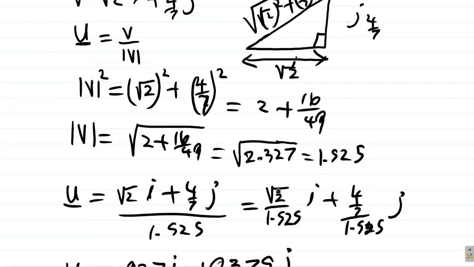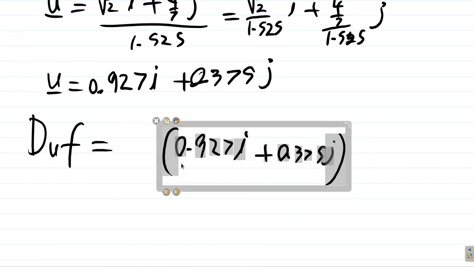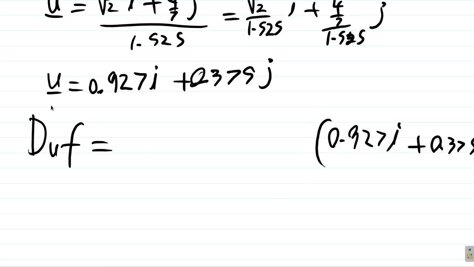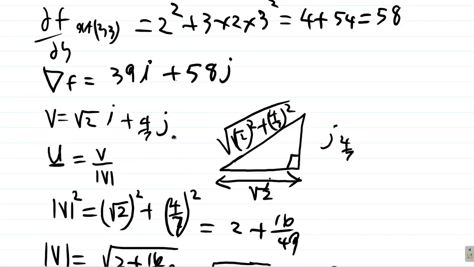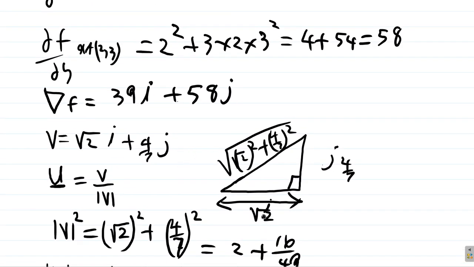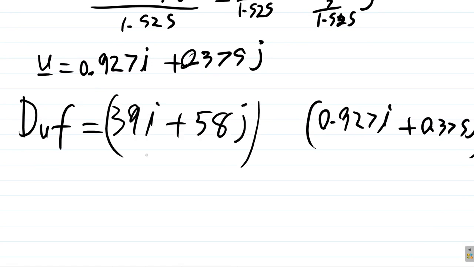Let's just be consistent and do that. Let's put the unit vector second. So the gradient vector is, what was it again? 39i plus 58j. So it is 39i plus 58j dot that. Alright?